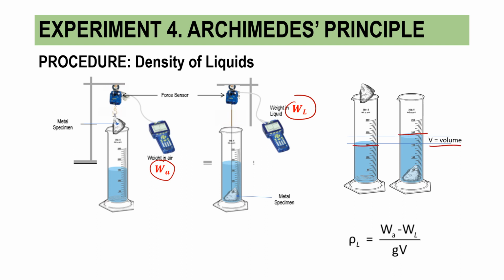So the volume here is simply equal to the final volume minus the initial volume. So the V here is the volume of the displaced fluid. To compute the density of liquid, the formula is the weight in air minus the weight in liquid over acceleration due to gravity multiplied by the volume displaced.